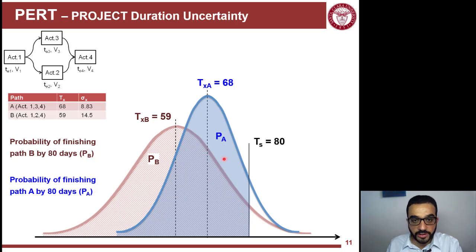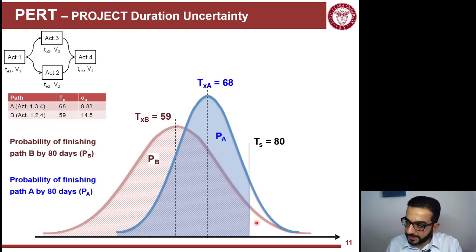The question is, which one has the higher probability, more confidence? If you don't know the answer, look at the other tail of that curve. Which area here is less? I see here that the area under the pink curve is less than the area under the blue curve.